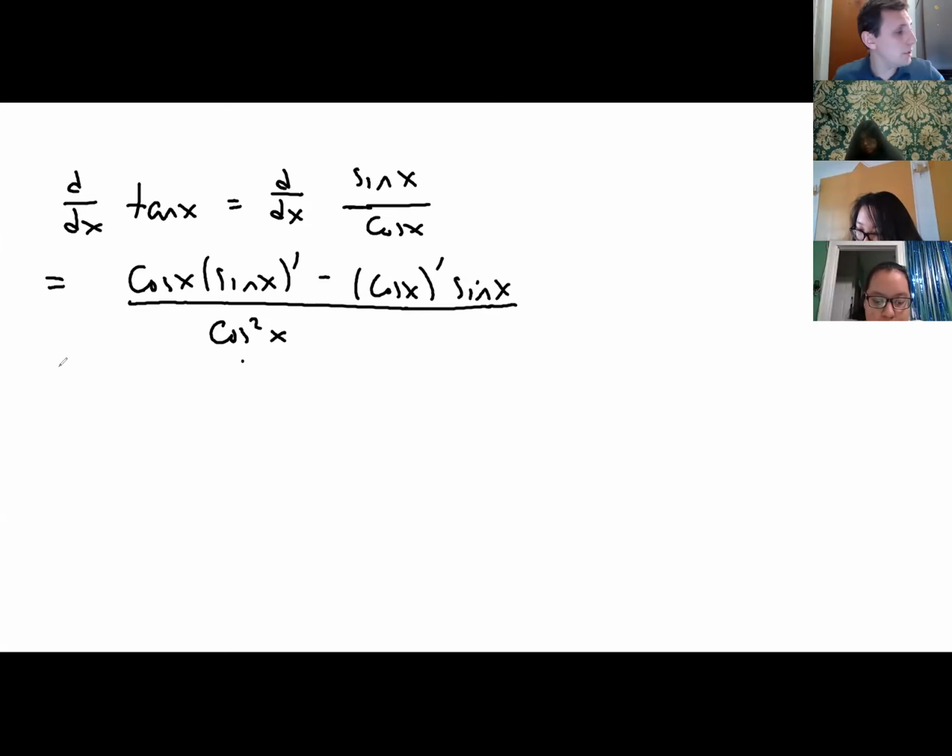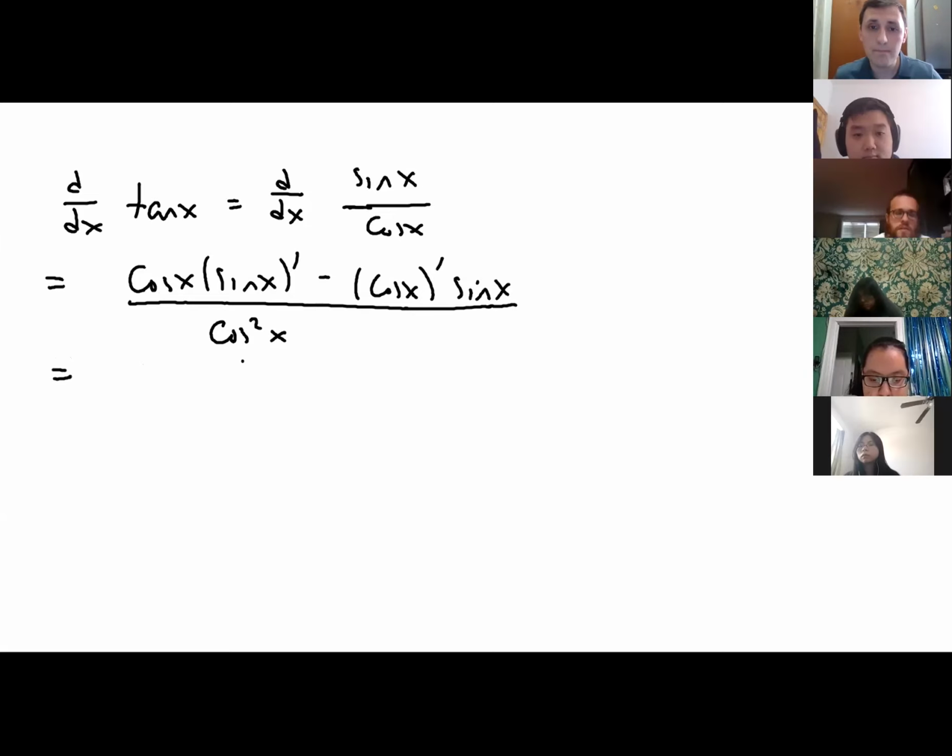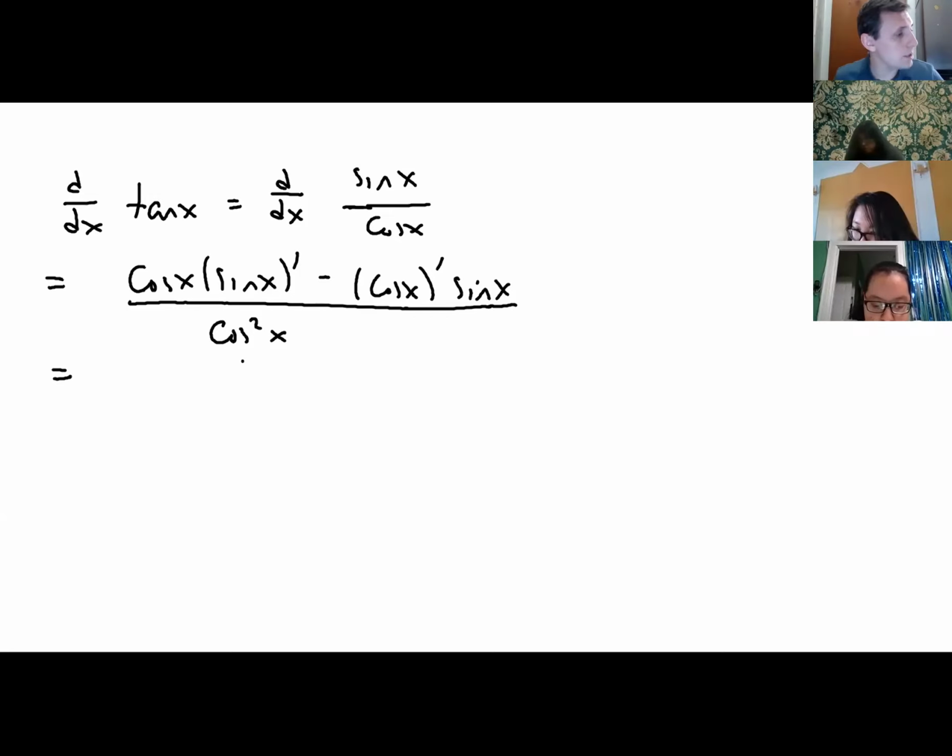So what do we get here? Cosine times the derivative of sine is cosine squared. Do you agree? The derivative of sine, we just verified, is cosine. So that is cosine squared x. Now the derivative of cosine is minus sine, and with this extra minus it becomes plus sine squared x, divided by cosine squared x.